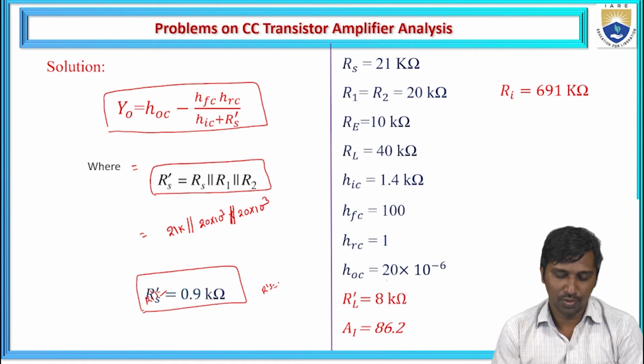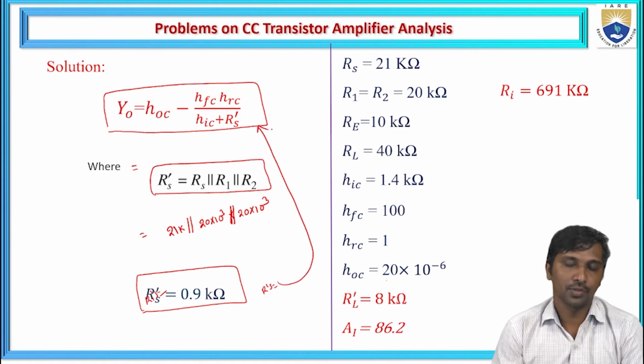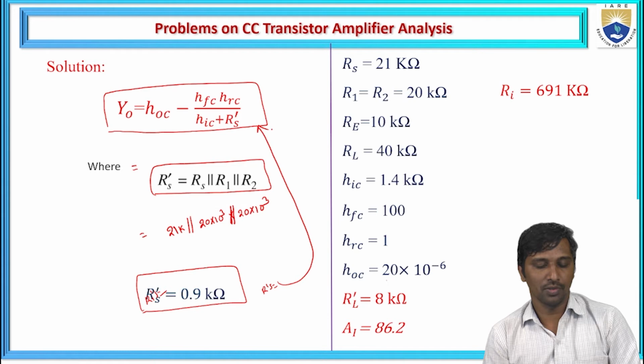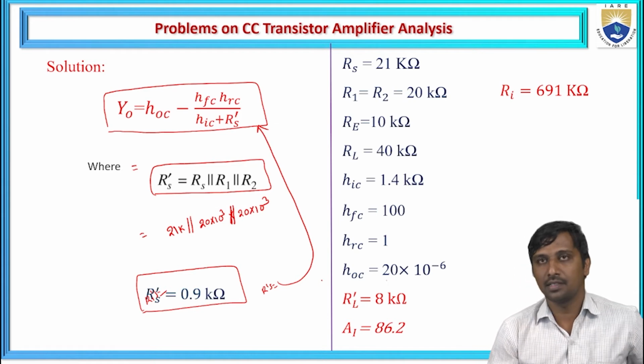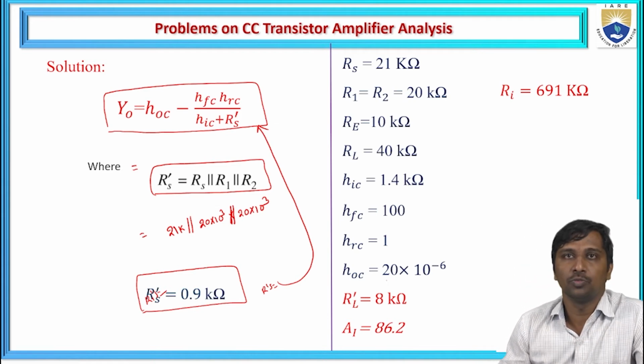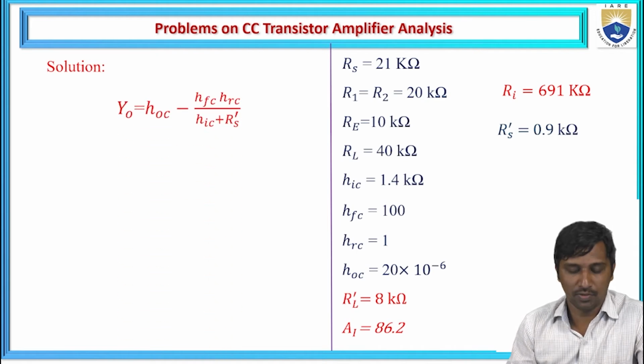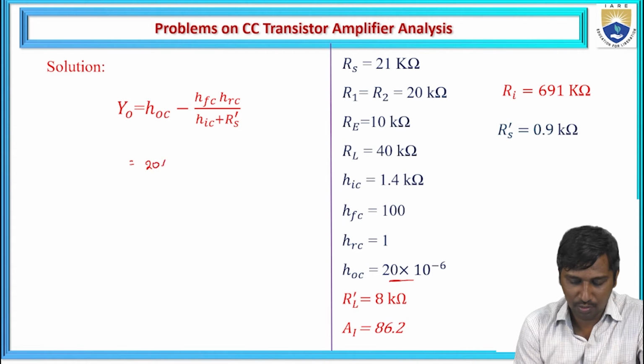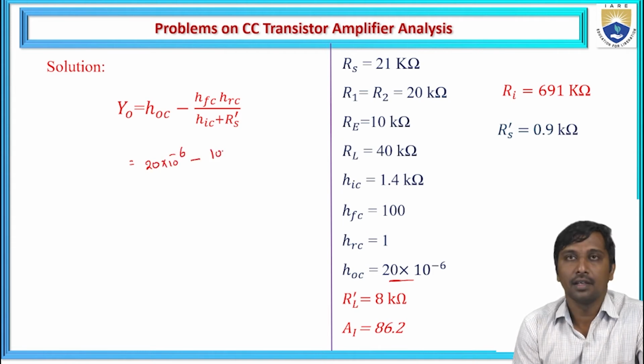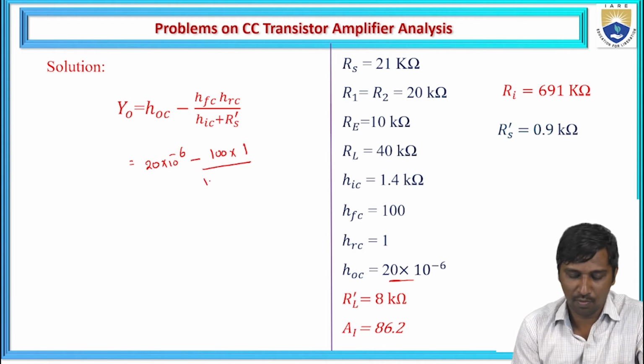Now we need to substitute this R'S value in the output admittance. So Y0 is equal to HOC minus HFC into HRC by HIC plus R'S. HOC value is 20 into 10 to the power of minus 6 minus HFC, 100, and HRC is 1, and HIC is given as 1.4 kilo ohms plus R'S.